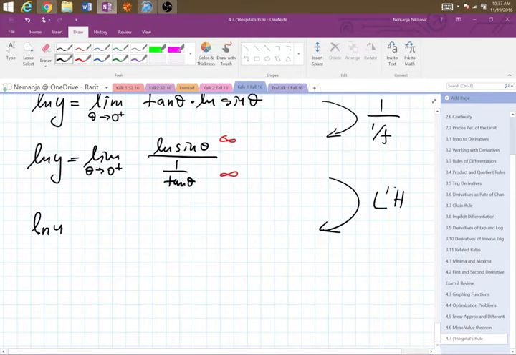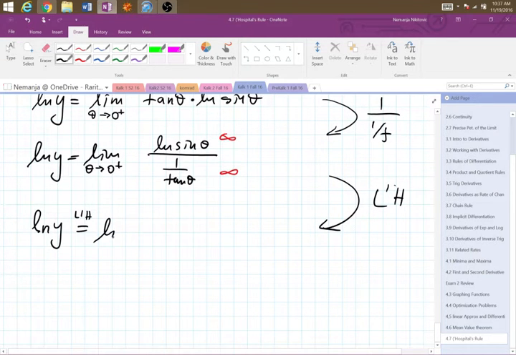So ln y by L'Hopital, now we have the equivalent problem, the limit as theta goes to 0 plus, we take derivatives. Sine theta goes in the denominator, the derivative of sine is cosine theta, goes in the numerator, and on the bottom here, what's 1 over tangent theta? Yes, it's a cotangent theta.